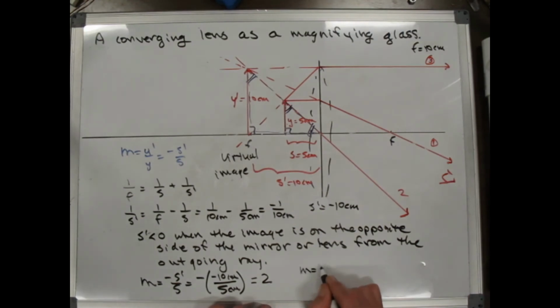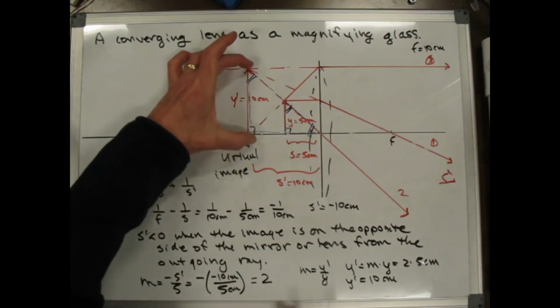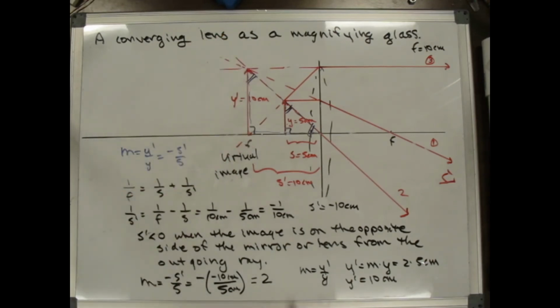The magnification is also equal to Y prime over Y. And so Y prime is equal to the magnification times Y, which is 2 times 5 centimeters, which is 10 centimeters. So the image is upright and virtual and about twice as big as the object.